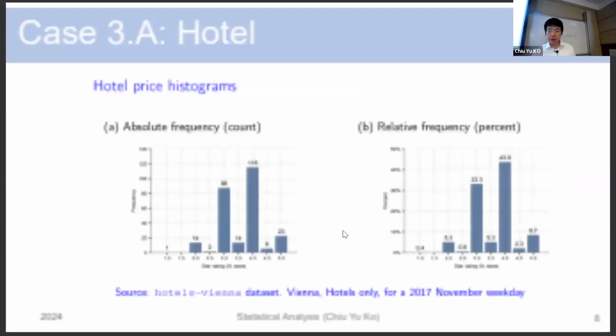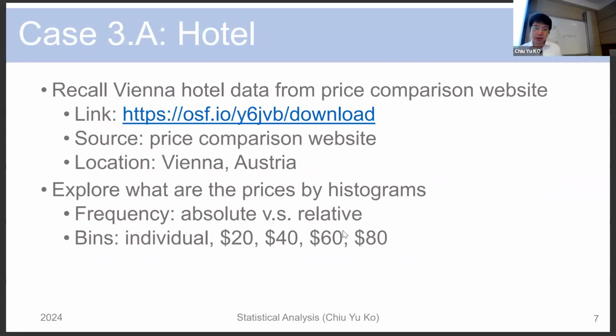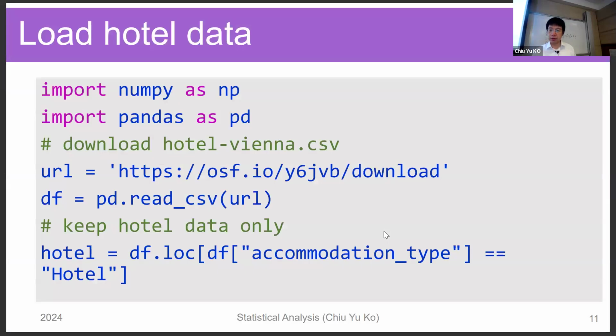Just to remind you how we draw the table, if you still remember, we have the URL and pandas with CSV. Because we focus on a particular type of data, we filter first, filtering the data which focuses on hotels.